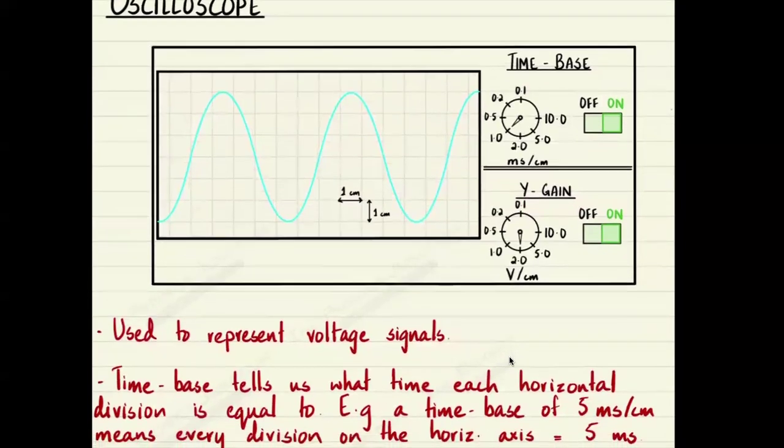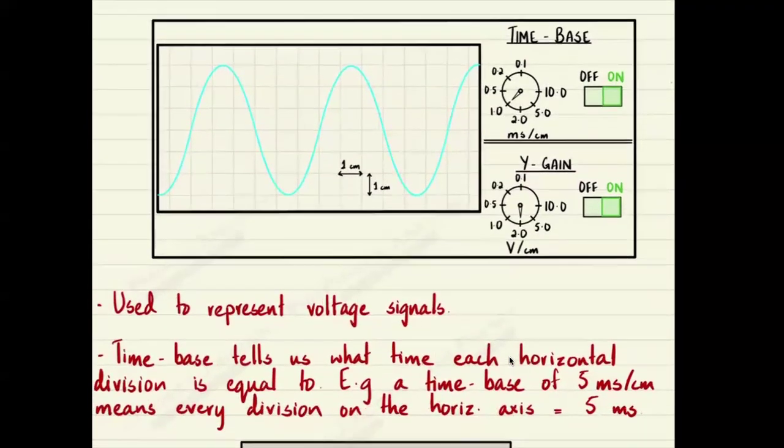So what the time base tells us is what time each horizontal division is equal to. So for example, on this display that you can see here, this is 1 centimeter, this is 1 centimeter. And for example, if this is set to 1 millisecond per centimeter, horizontally it tells us what 1 centimeter, so what one division, is equal to in terms of time.